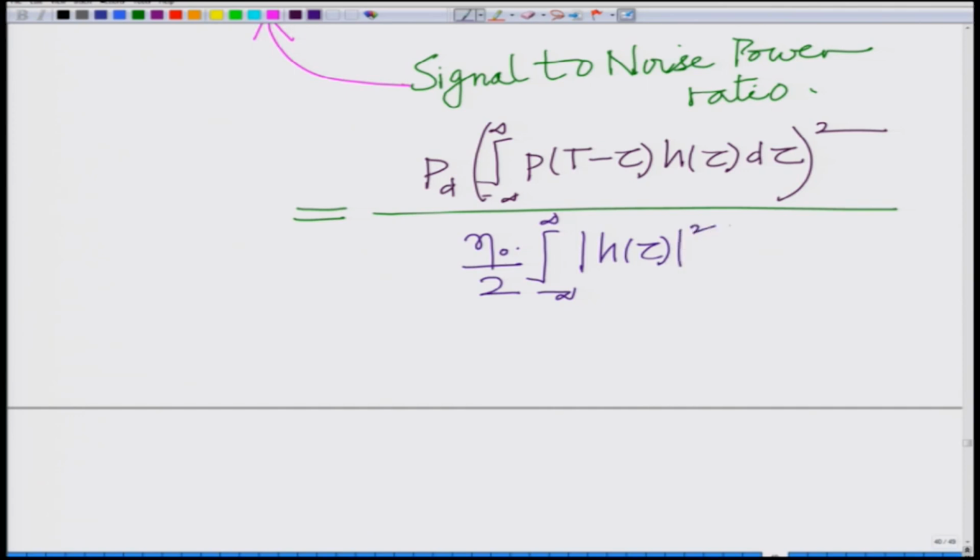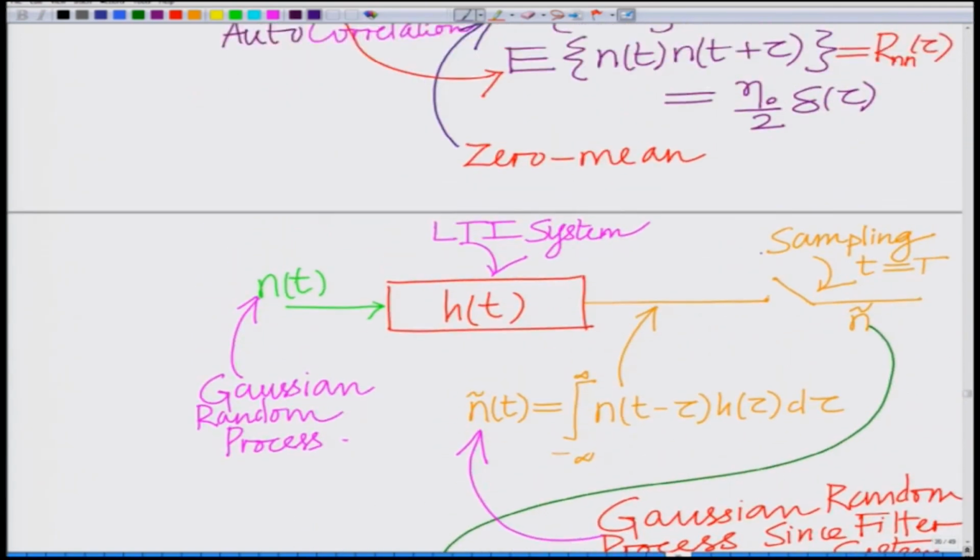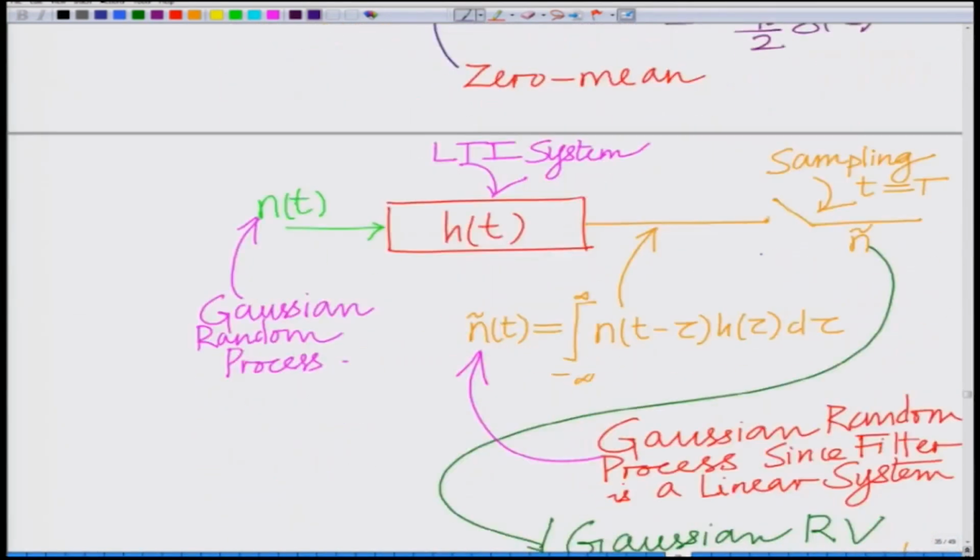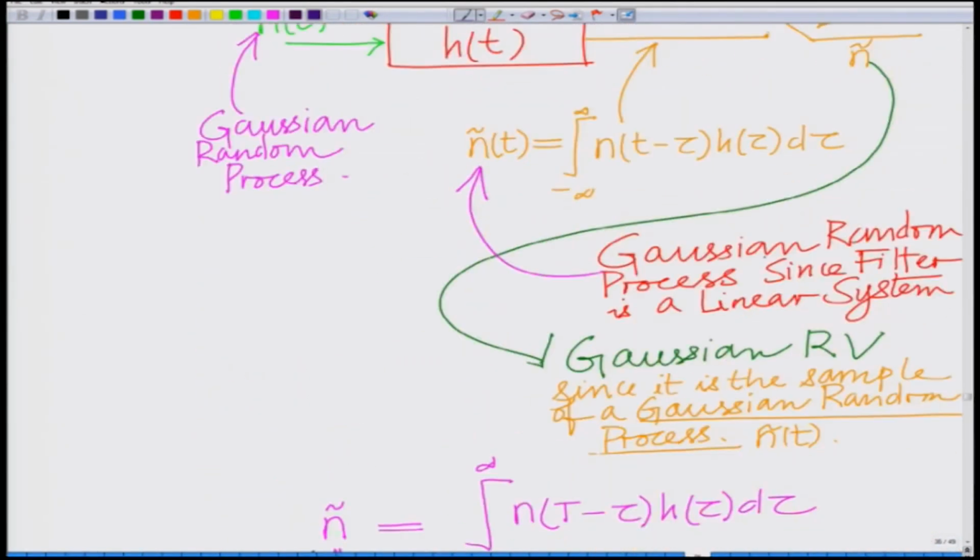This was interesting, it is proportional to the energy of the filter. We had assumed the noise power spectral density is eta naught by 2 delta(tau).